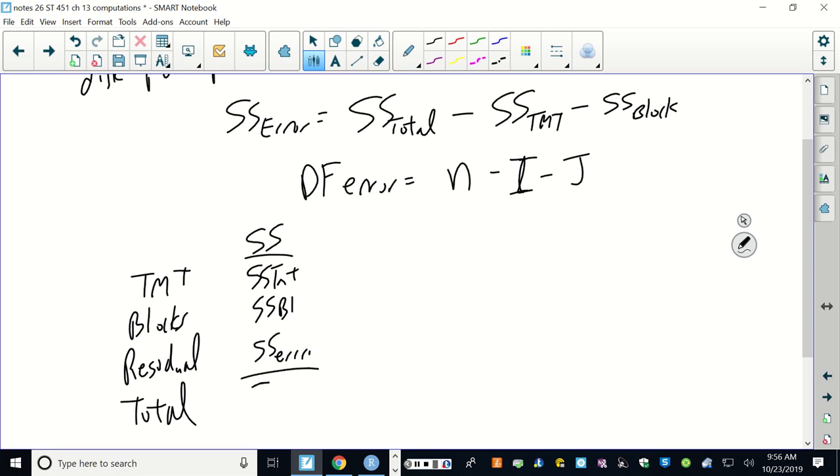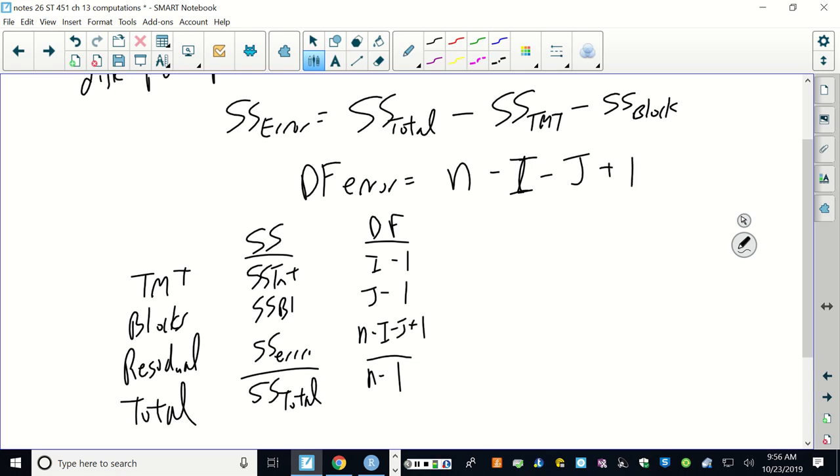Those things add up to the sum of squares total. Then there's degrees of freedom. This is I minus 1, j minus 1, and this is n minus 1. And so if this is n minus I minus j plus 1, then those things will add up. You add I minus 1 in there, and then j minus 1, so that would add up.